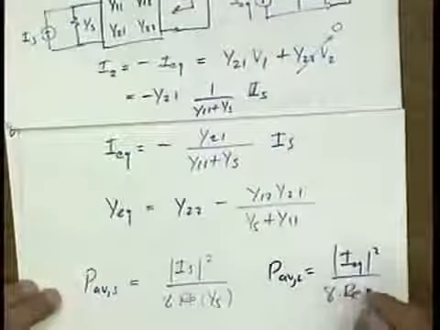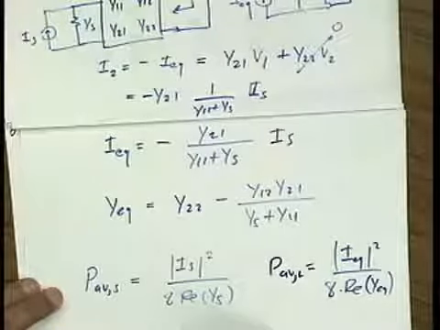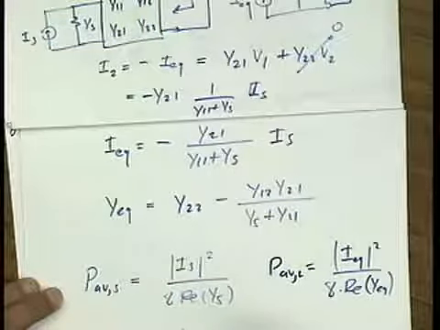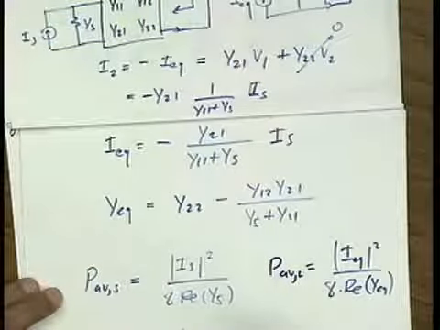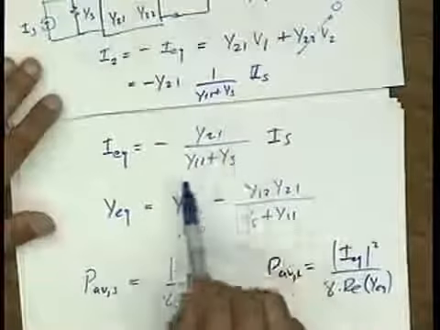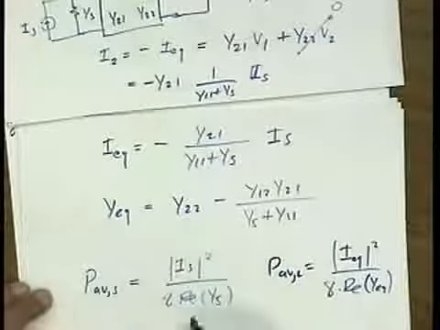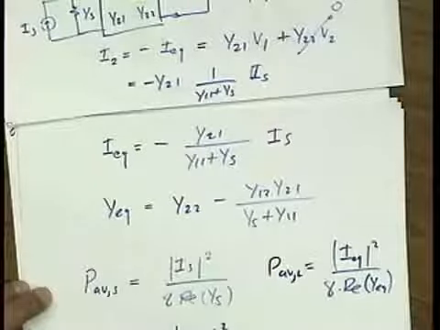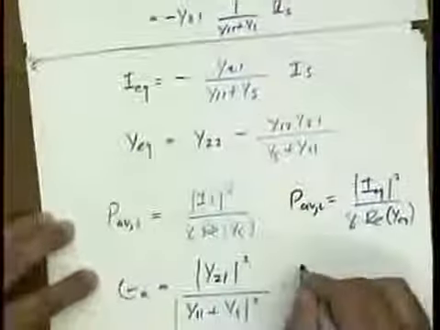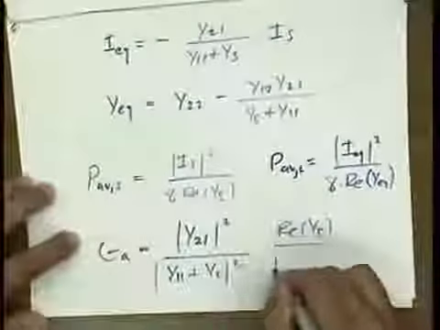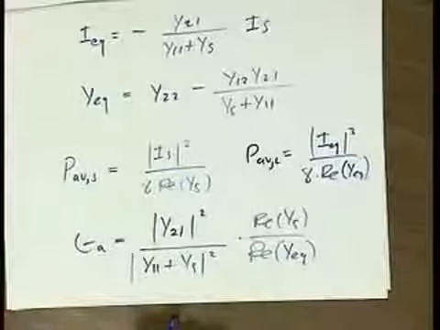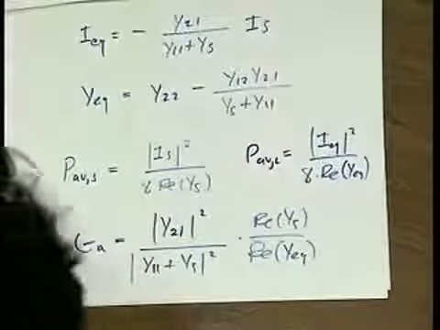And now if I take the ratio of the available power, I get basically this term here, which tells me the ratio of I equivalent to IS. That's Y21 squared over Y11 plus YS squared, times the real part of YS divided by the real part of Y equivalent. Okay, that makes sense to everybody?